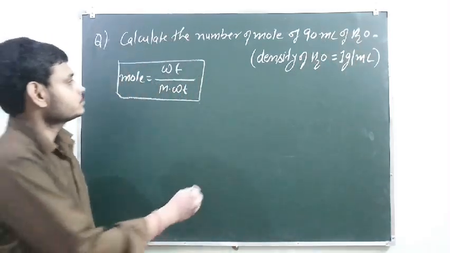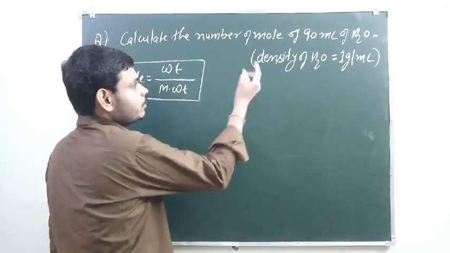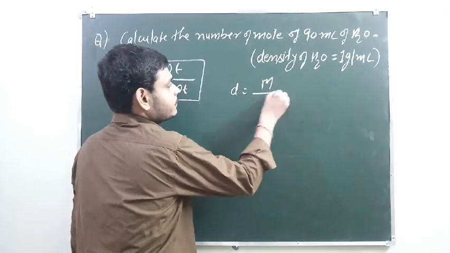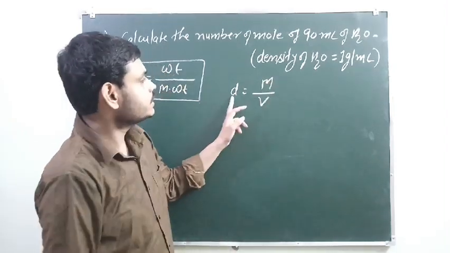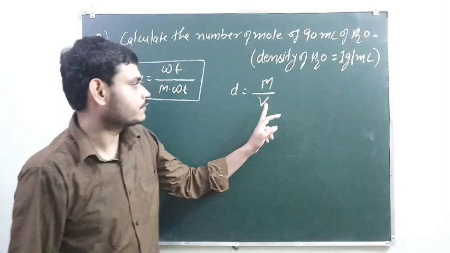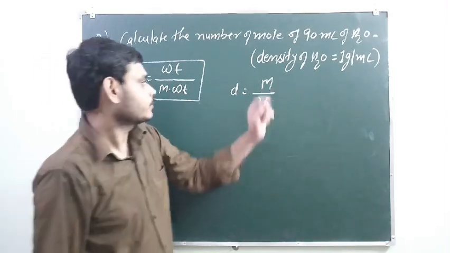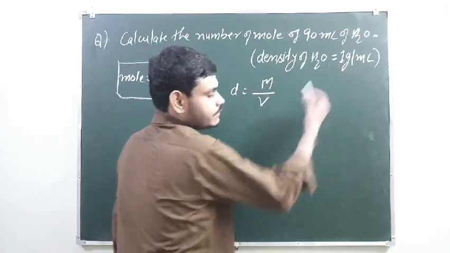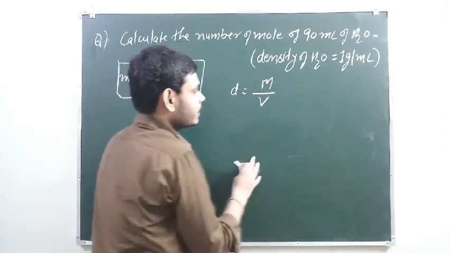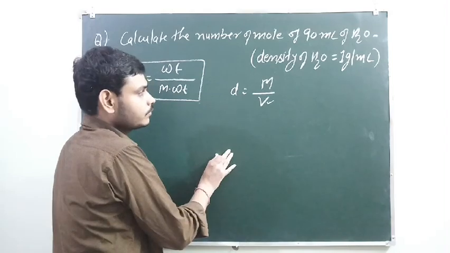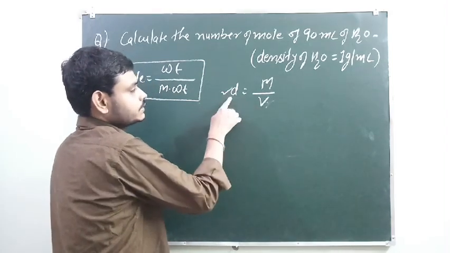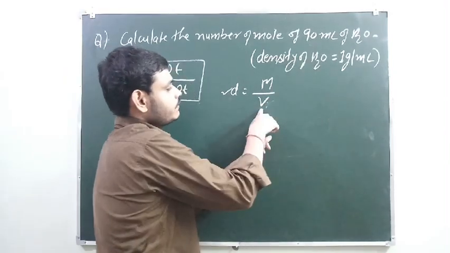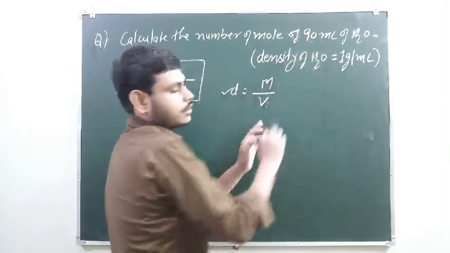So we know that the formula of density, D is equal to M by V, where D is the density, M is the mass, and V is the volume. The density of water is given, that is 1 gram per ml, and the volume of the water is 90 ml.